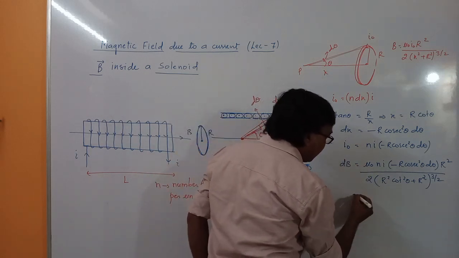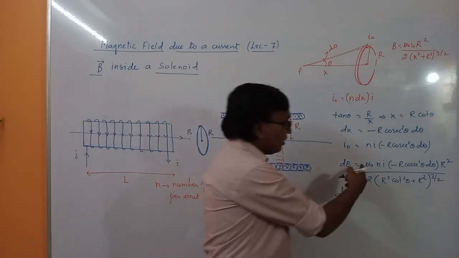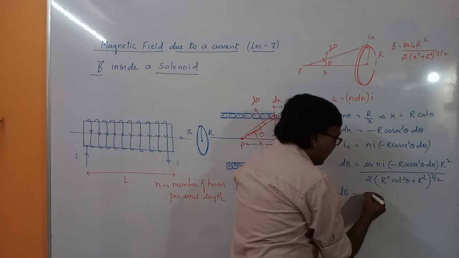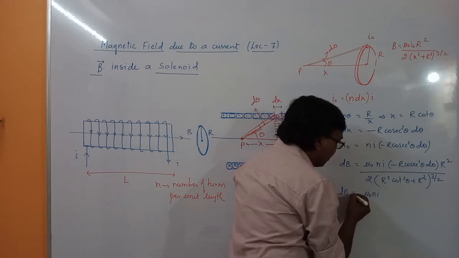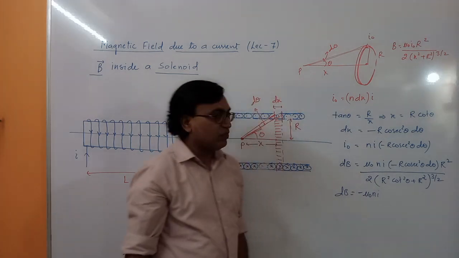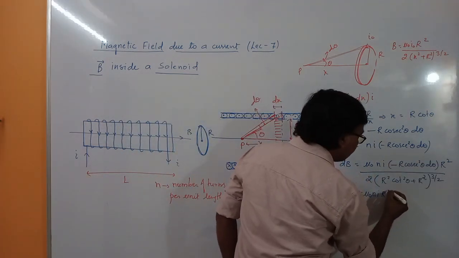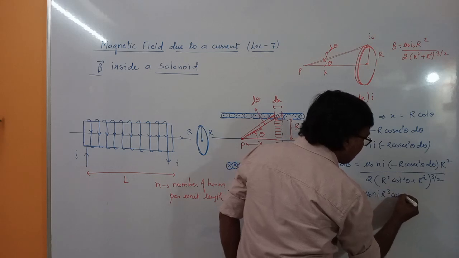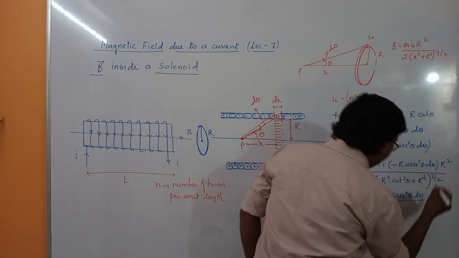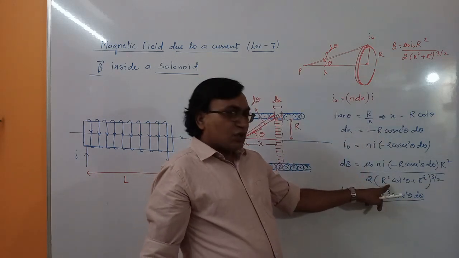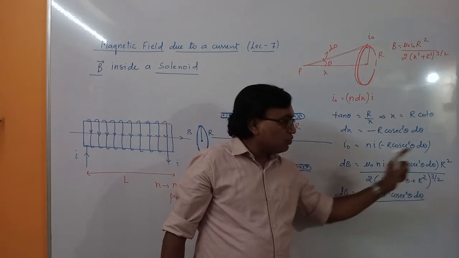First of all we'll simplify. So dB is equal to mu naught n I. Here we have a minus sign, so let us take out this minus sign. Mu naught n I, and here it will be r cube cosec square theta d theta, divided by 2 into r square cot square theta plus r square, raised to 3 by 2.